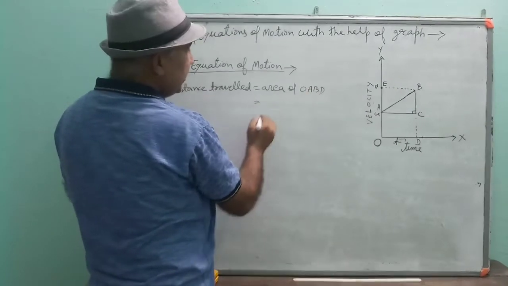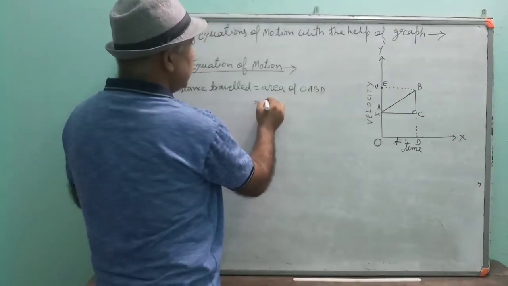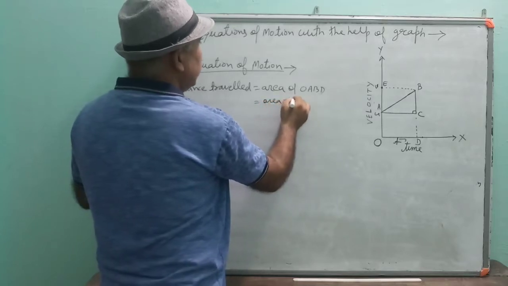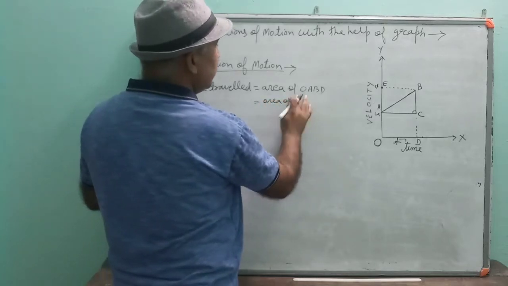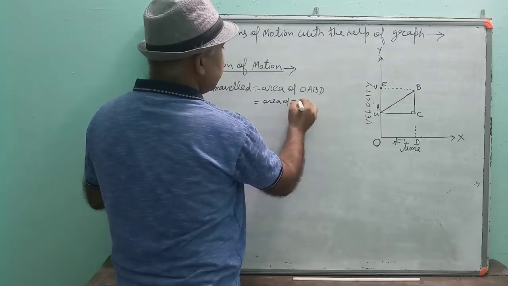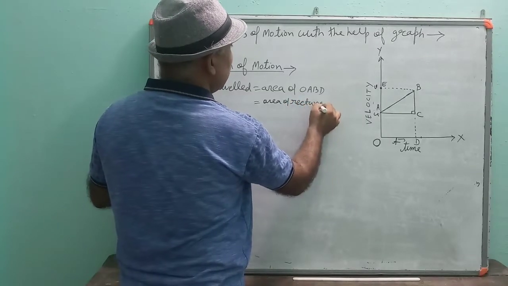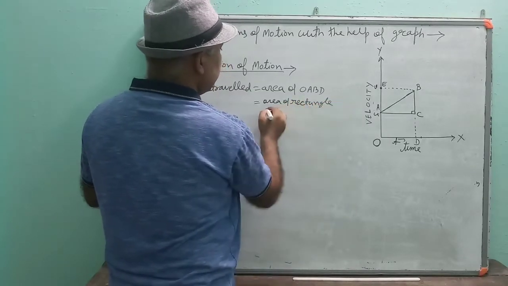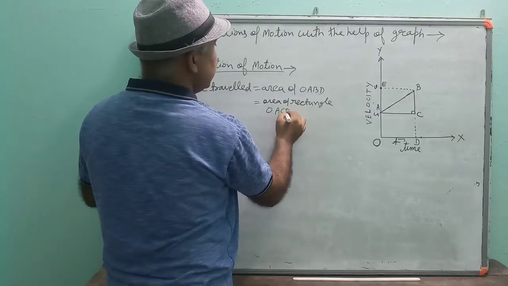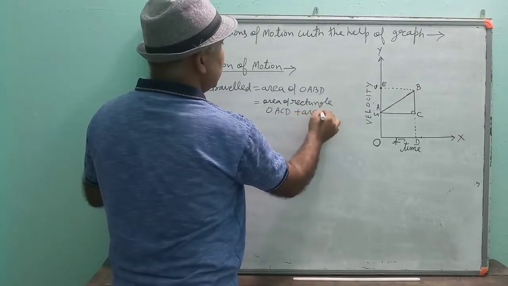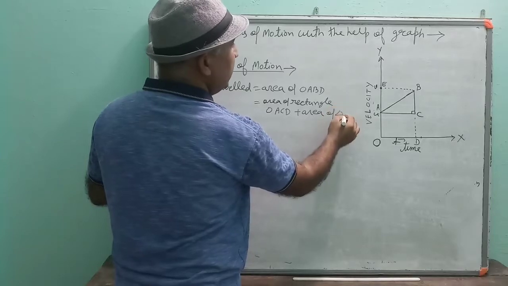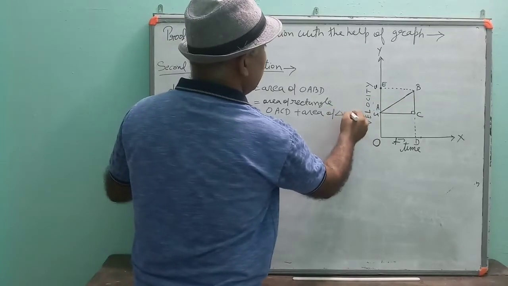To find the area of this, you can see that it can be broken into two parts. Area of rectangle OACD plus area of triangle ABC.